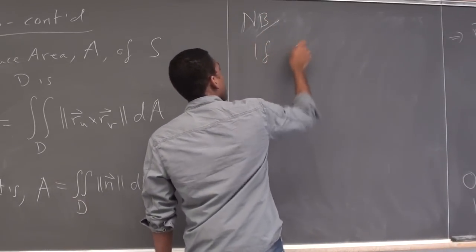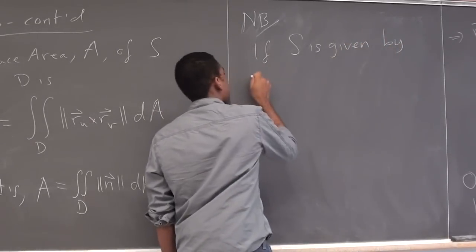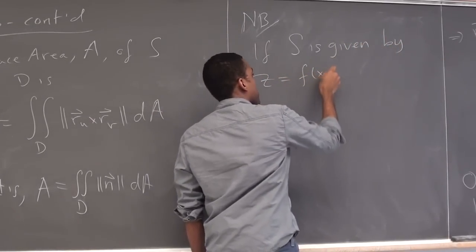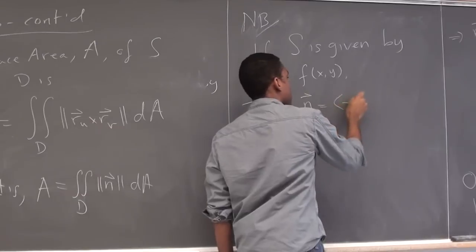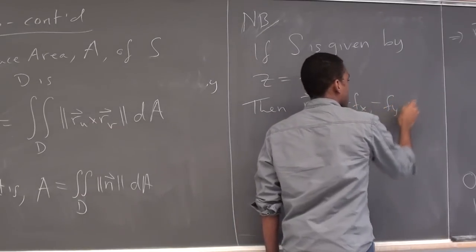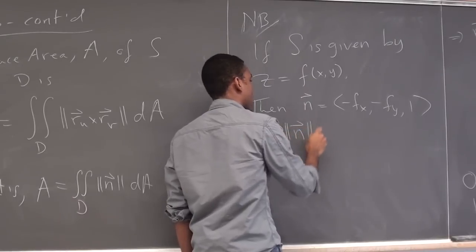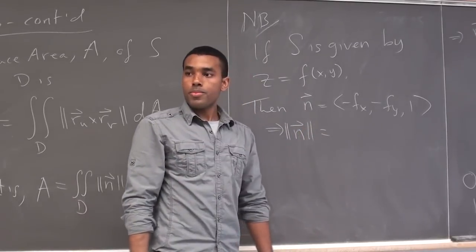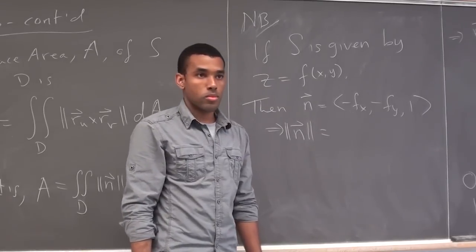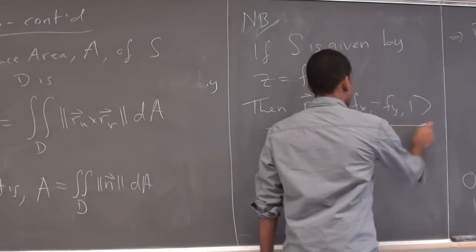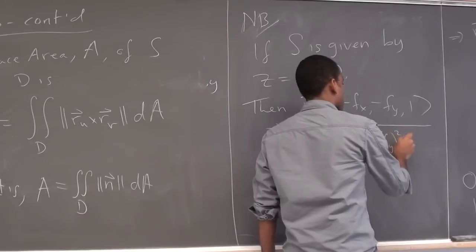Note, if S is given by an explicit function, then you can write n as minus fx, minus fy, positive 1, which would mean that the magnitude of the normal would be the square root of fx squared plus fy squared plus 1.